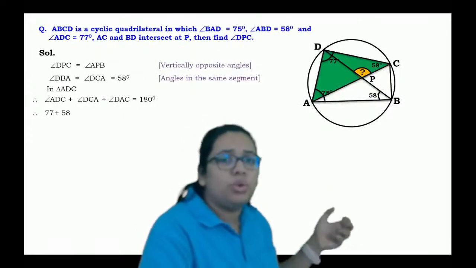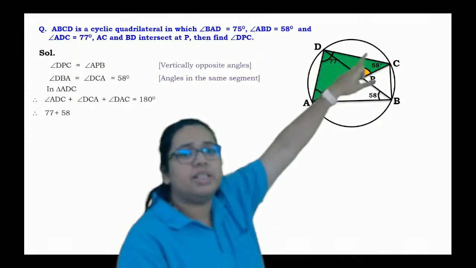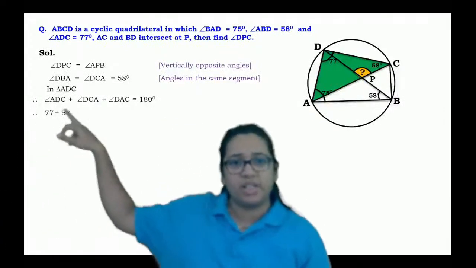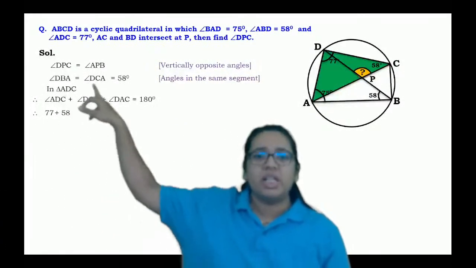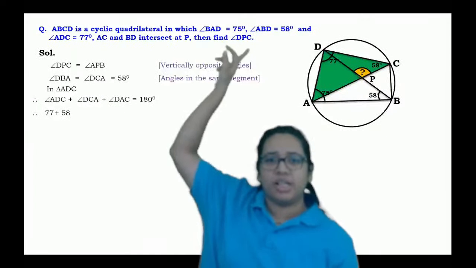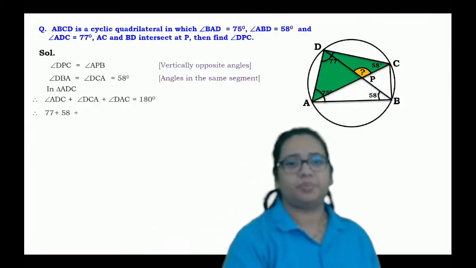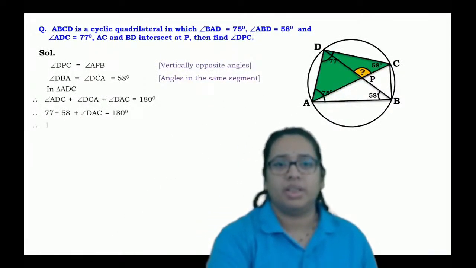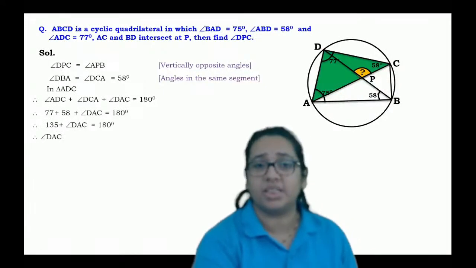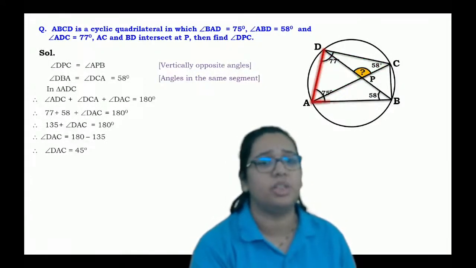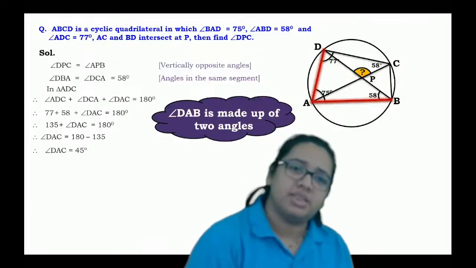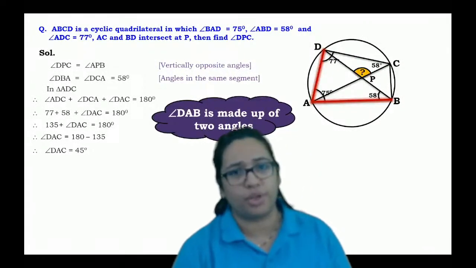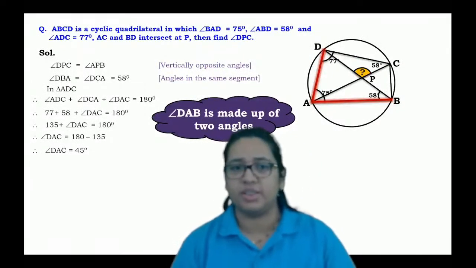But we already know the value of measure of angle ADC, which is given as 77. Then measure of angle DCA is 58 here. So using this, we can say that measure of angle DAC will be 180 minus 135, which is nothing but 45 degree. Are you getting this one?